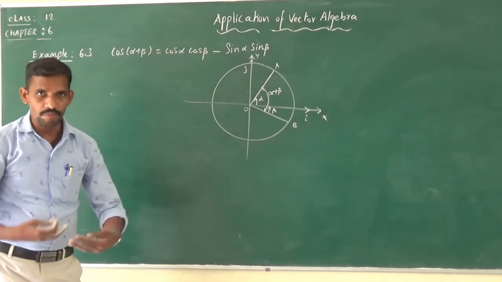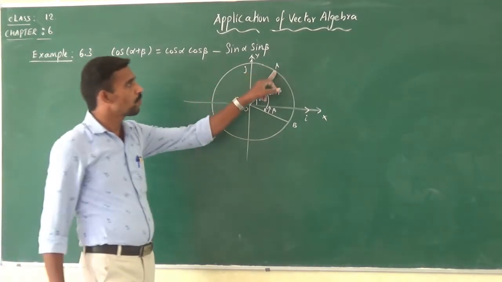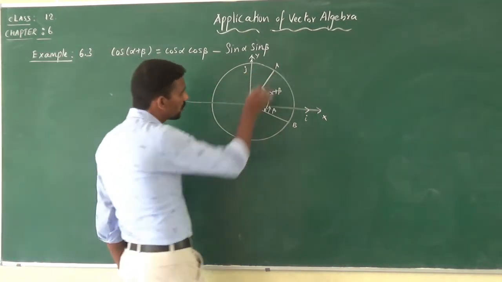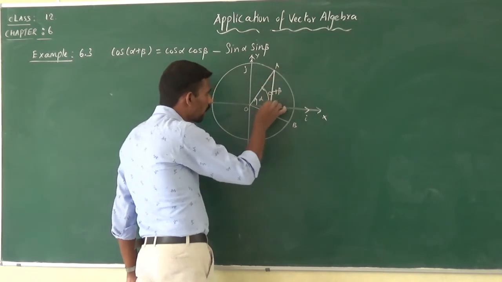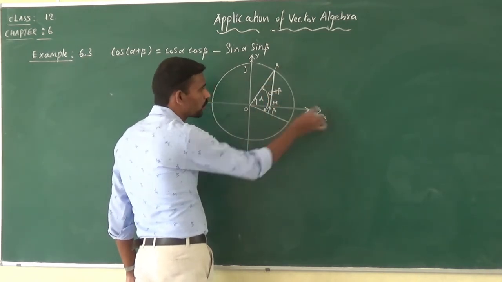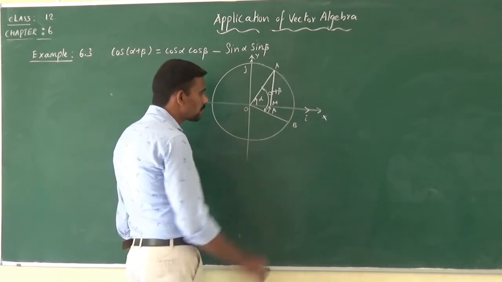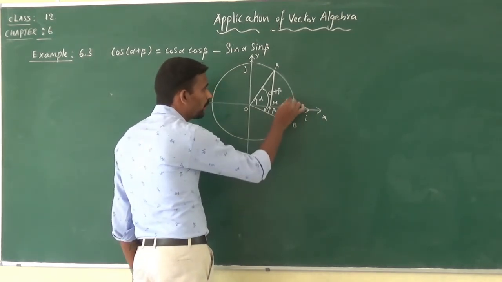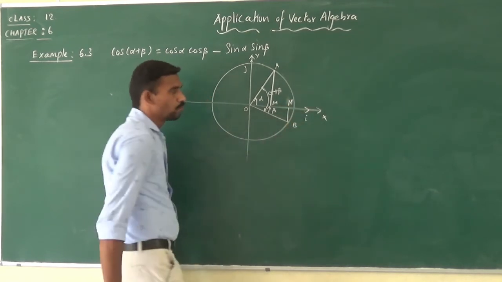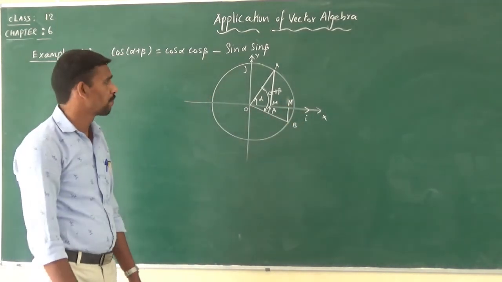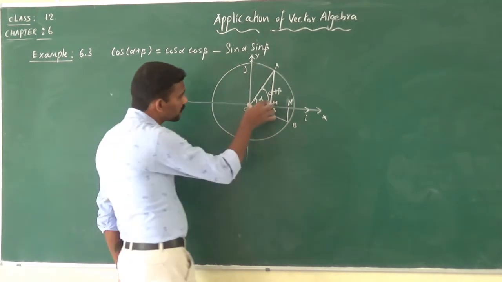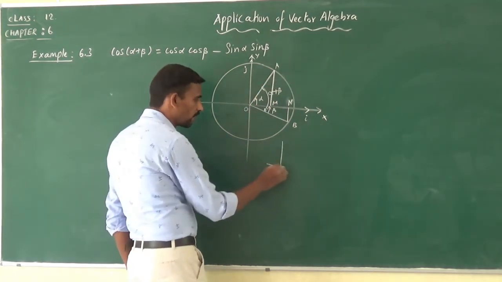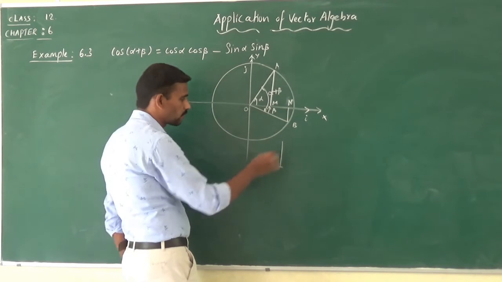Now I want to mark the coordinates of A. So just draw AM perpendicular to the x-axis and BN perpendicular to the x-axis. Now consider this triangle. I can explain only one triangle, you can follow this one.